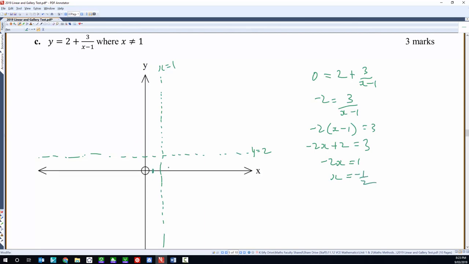So there it is there. I'm just running out of room here, but -1/2, 0 is my x-intercept. Now the y-intercept occurs when x is equal to 0. So y equals 2 plus 3 over negative 1. y equals 2 plus negative 3. y equals negative 1.